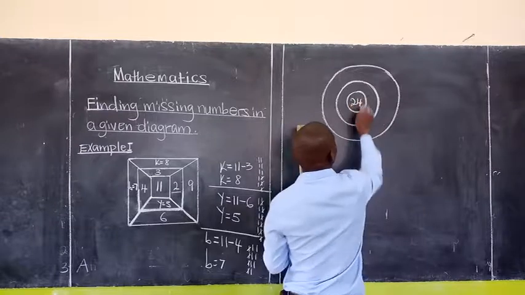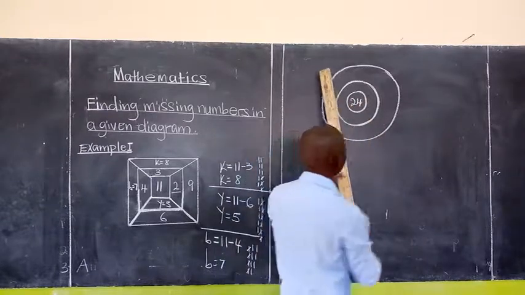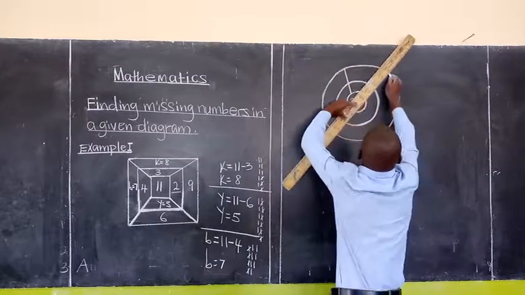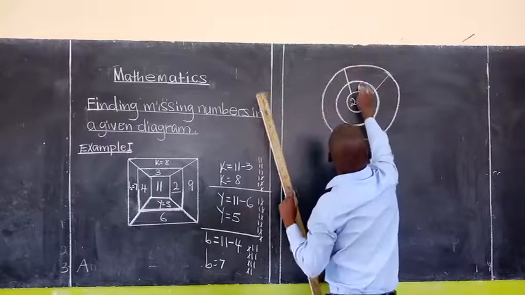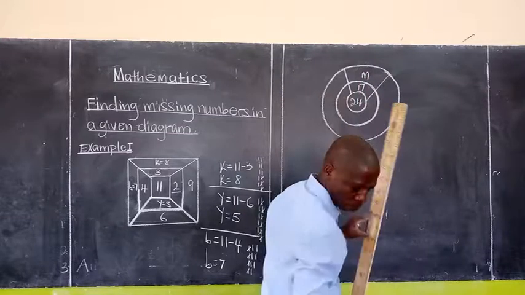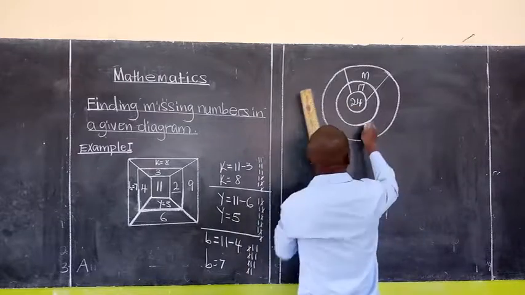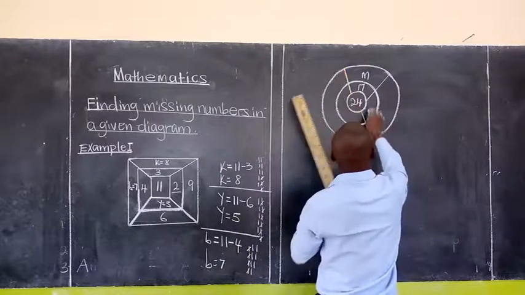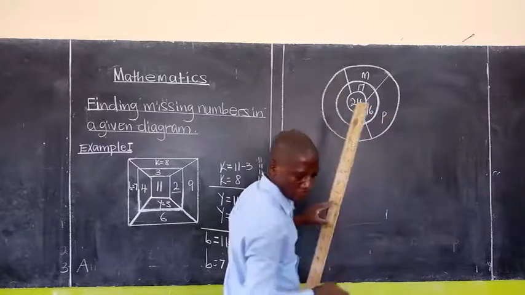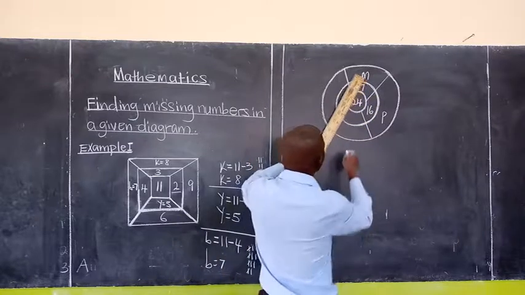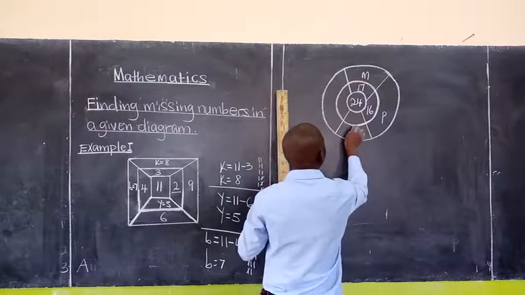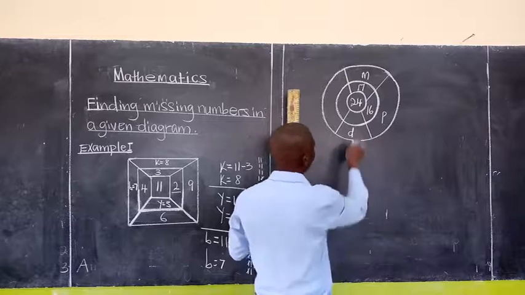Here we have 24. Here we have 17, and here we have M. Here we have 16, and here we have P. Here we have D, and here we have 9.